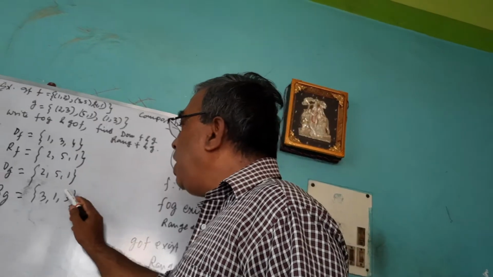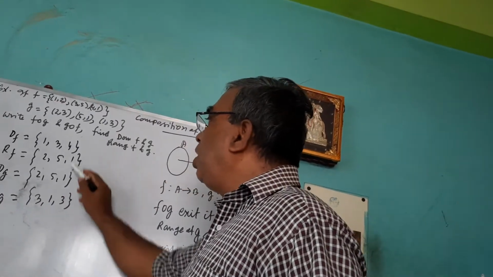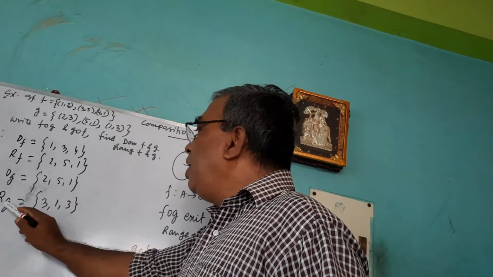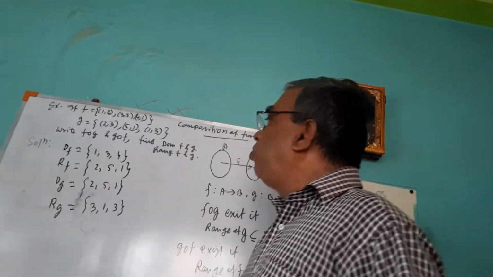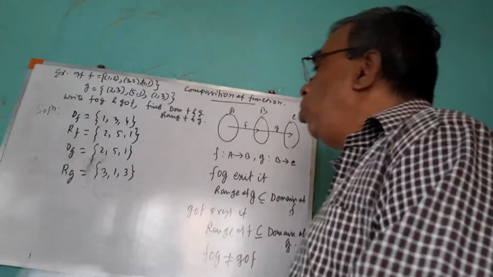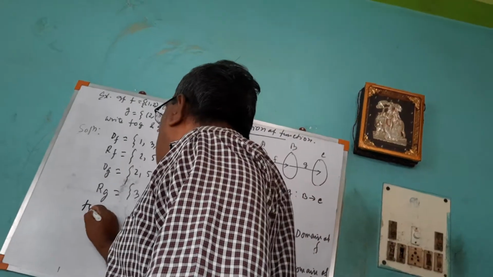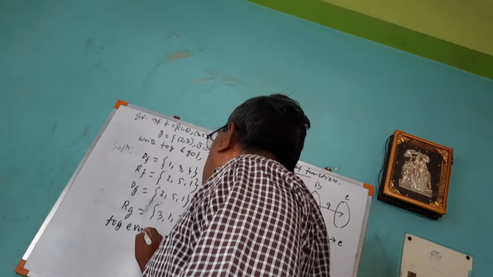That means every element of this is contained in this. So range of G is a subset of domain of F, so F O G exists.